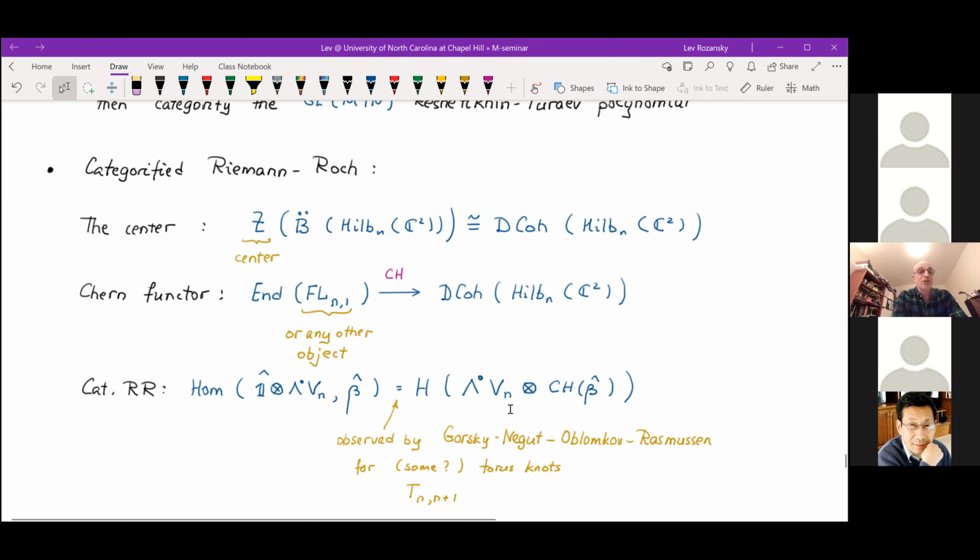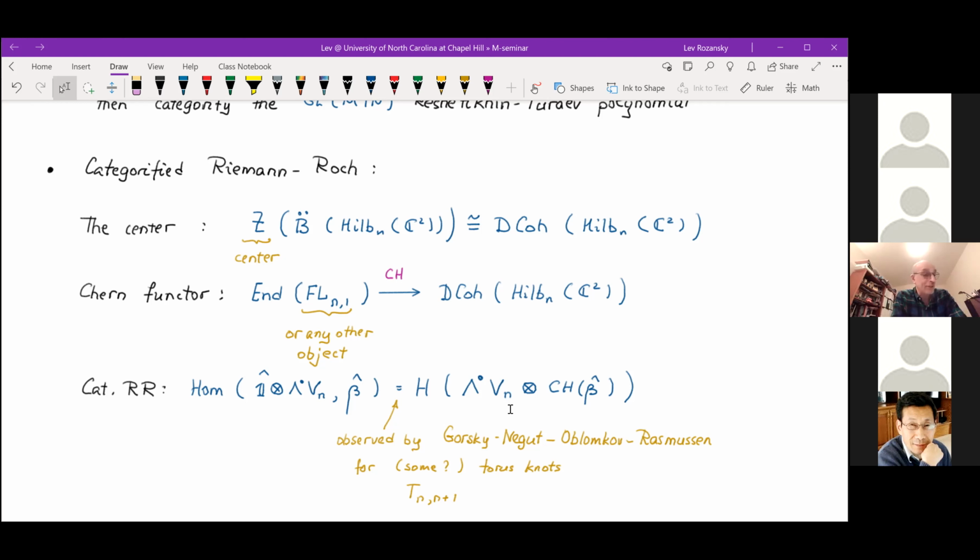So in other words, in ordinary Riemann-Roch, the Euler characteristic of the cohomology of the complex can be computed as the integral of its Chern character. And this is the similar statement one floor above.